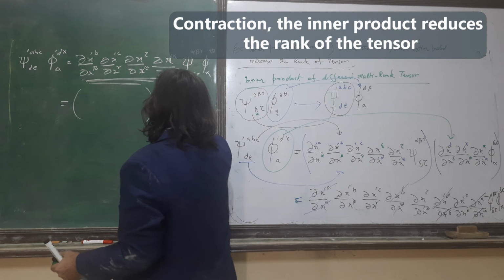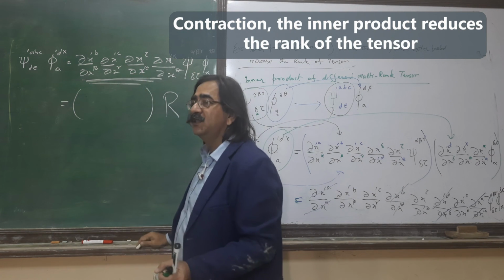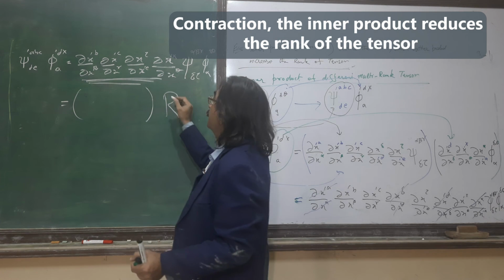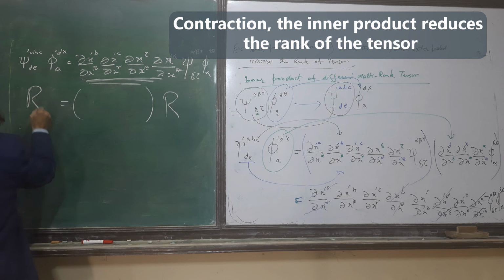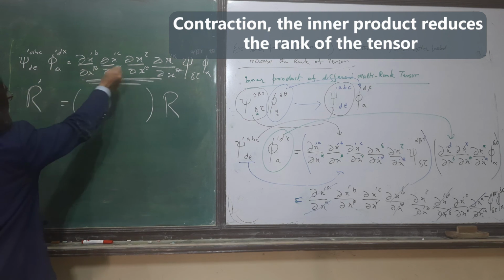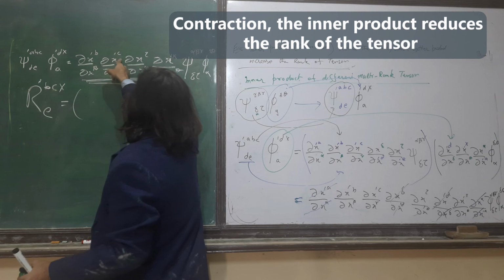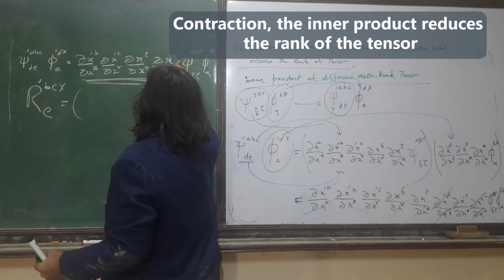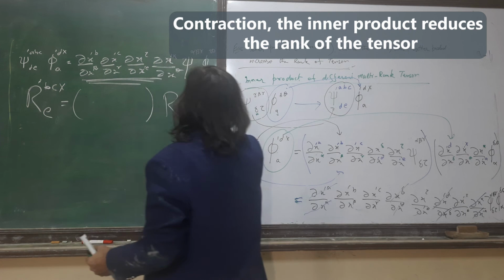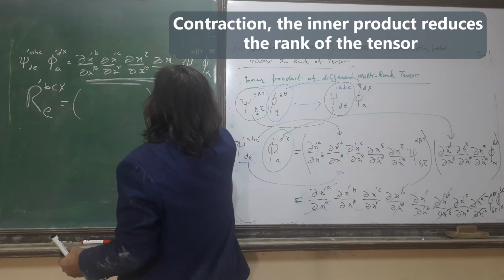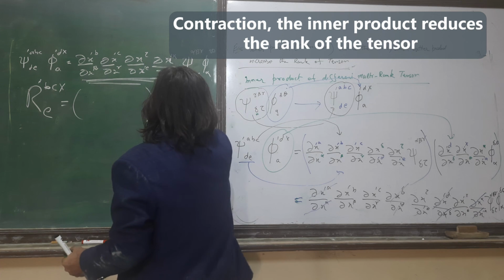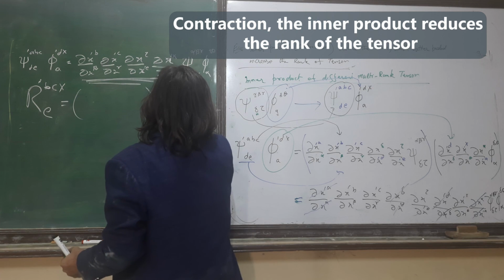If I say this is the result, this is actually the transformation law of B, C, X, E, and the result is beta, gamma, tau, and theta.